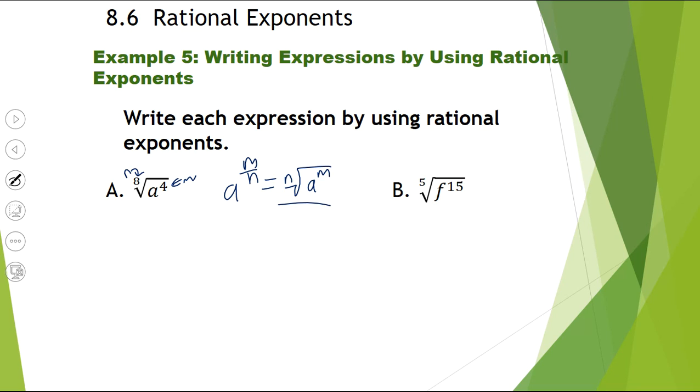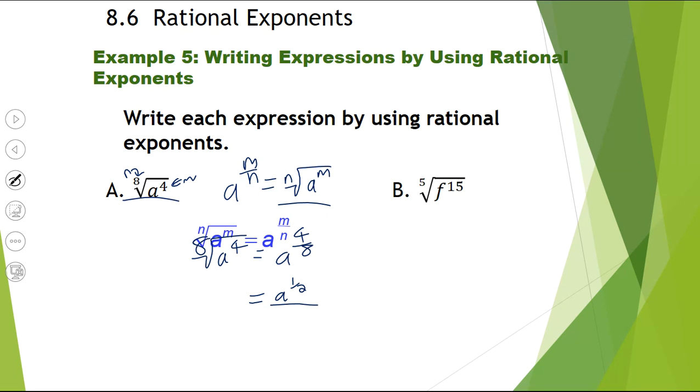So if we just want to write it like this, the eighth root of 8 to the 4th is going to be equal to 4 on the top here, and then 8 on the bottom. Right, so 8 to the 4/8 power, which we can reduce now to simply 8 to the 1/2 power. So that's how we can write it from radical form to an exponent form.